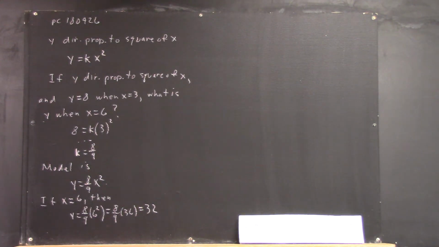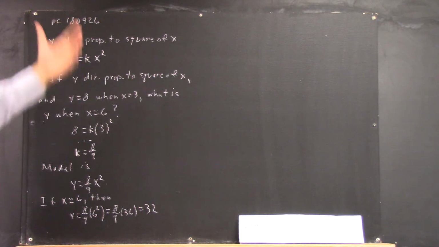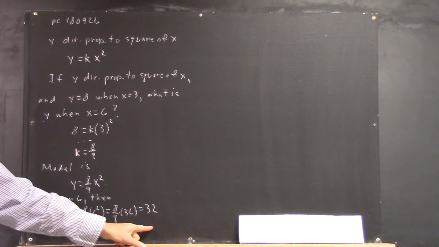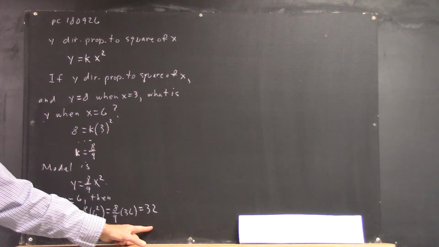Okay, now, so we doubled x, we fourpled y. Y was 8 ninths, it's now 32. It's done been fourpled. Okay? Now, hopefully that makes a little bit of sense.